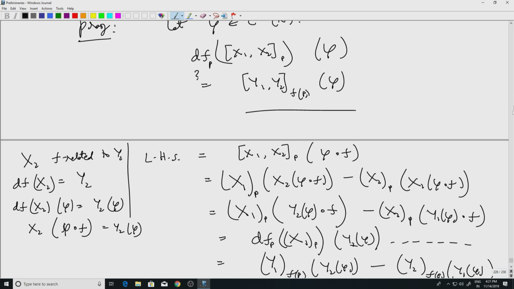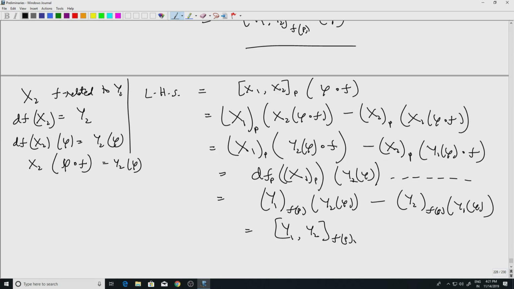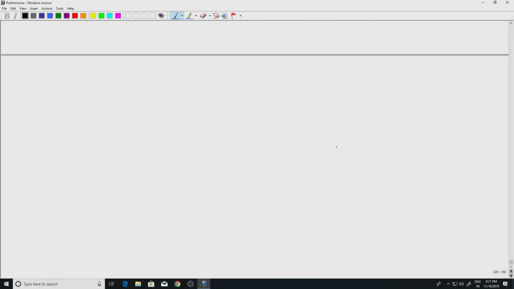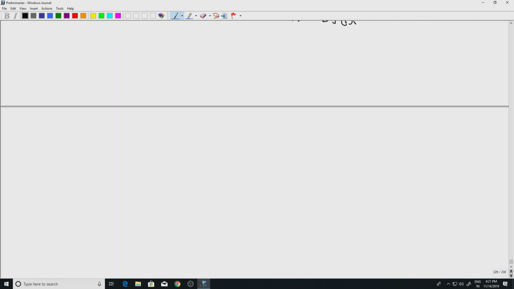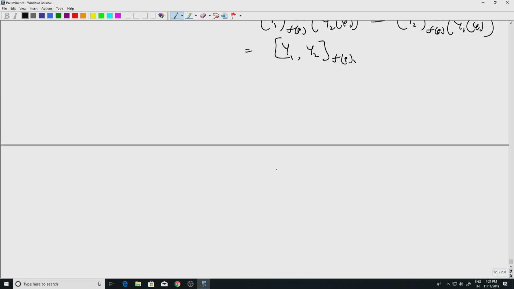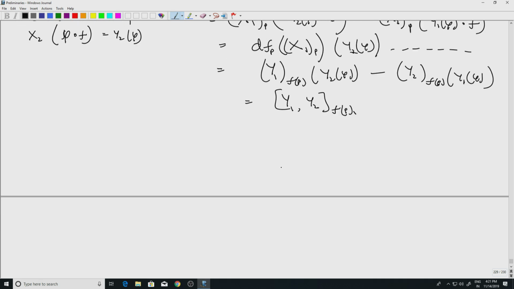So one has this very important and useful fact that f-related vector fields go to f-related vector fields under the operation of Lie bracket.